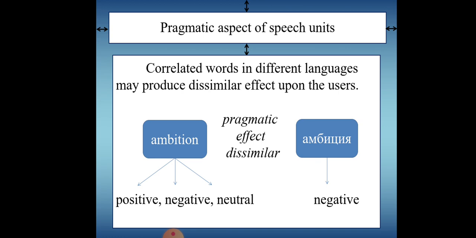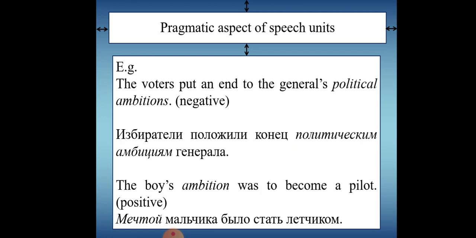Correlated words in different languages may produce a similar effect upon the users. For example, the word ambition in English is just a name of a quality which may evoke any kind of response, positive, negative, or neutral. Its Russian counterpart, ambitsia, is definitely not a nice word. It has just negative meaning. For example, the voters put an end to the general's political ambitions.